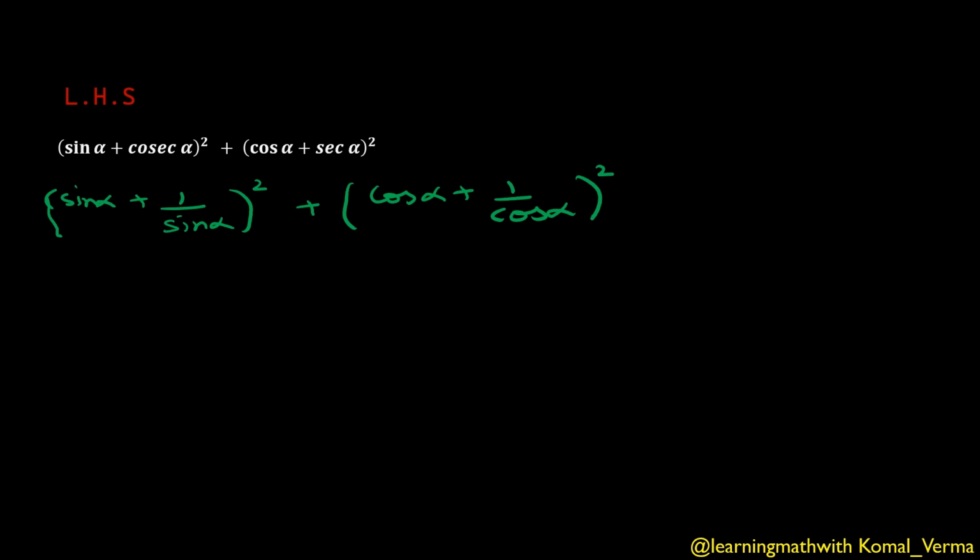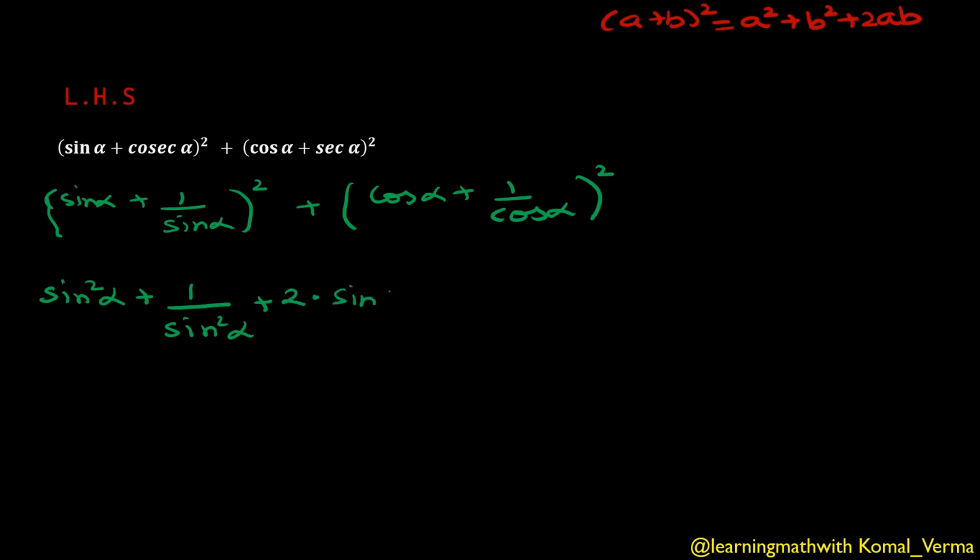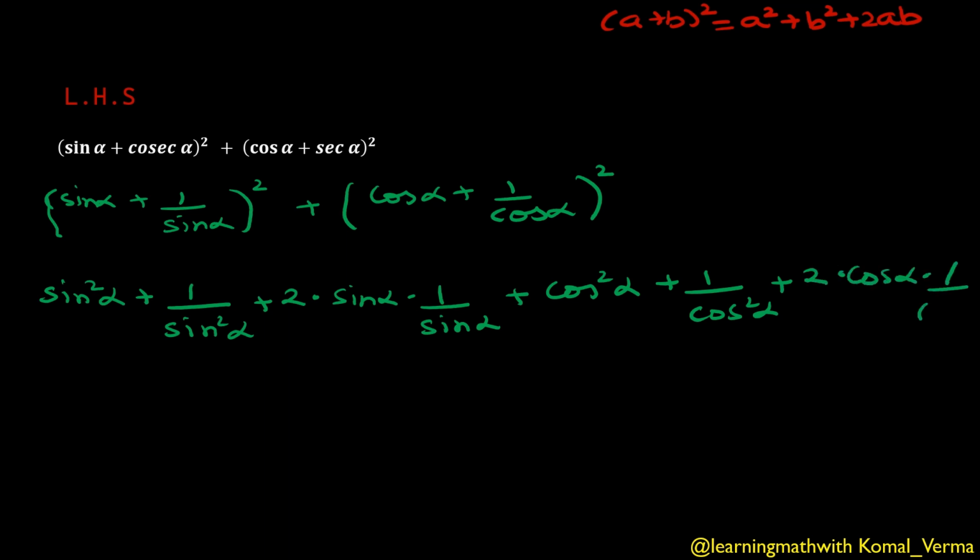As we know the formula of (a + b) whole square, that is a square plus b square plus 2 into a into b, use this formula in this equation, we get sin square alpha plus 1 upon sin square alpha plus 2 into sin alpha into 1 upon sin alpha plus cos square alpha plus 1 upon cos square alpha plus 2 into cos alpha into 1 upon cos alpha.